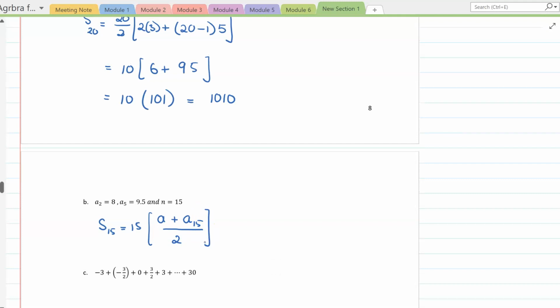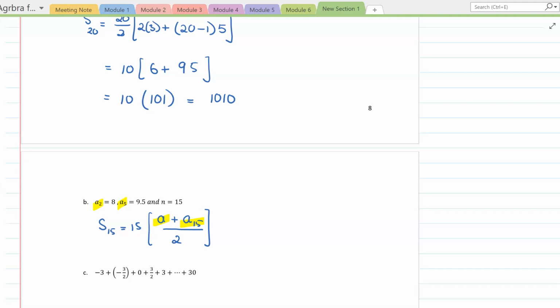Well, these are the things that we need to figure out. But we are not given a and we are not given a sub 15. But we're given a sub 2 and a sub 5. Let's see if we can figure out a and a sub 15 and go from there.